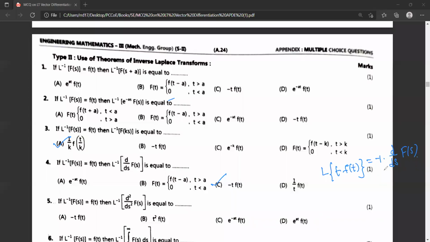So if you apply L inverse on both sides, you get minus this on this side and just L inverse of derivative of f of s. For the second derivative, you know there is a t square, minus 1 square, so we'll get t square f of t. Are you getting my point?